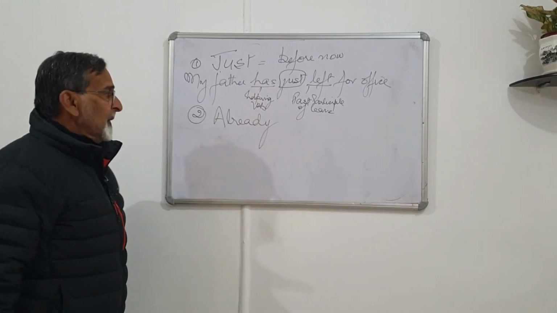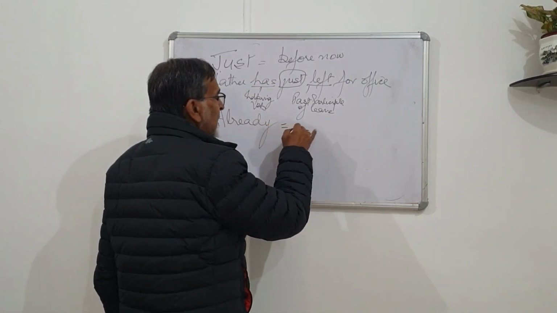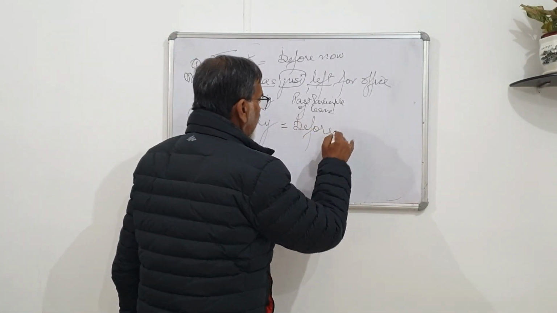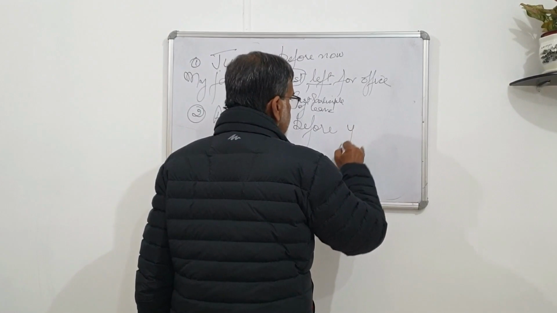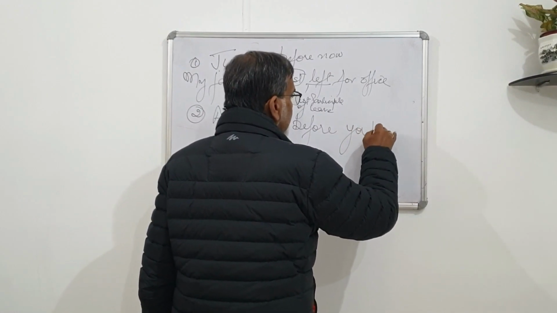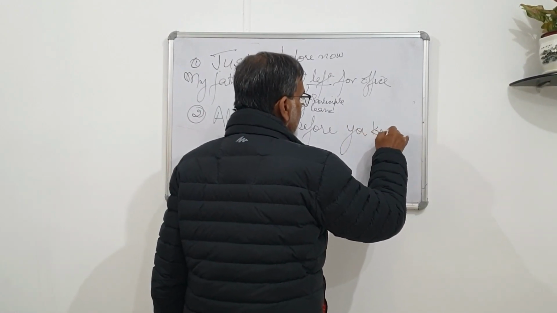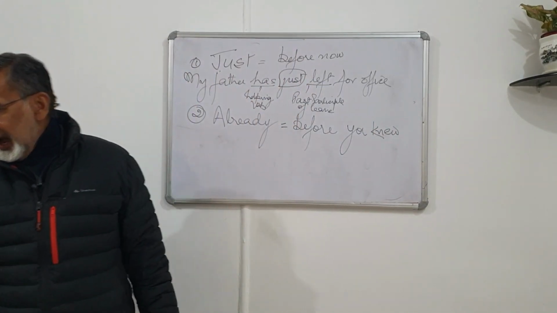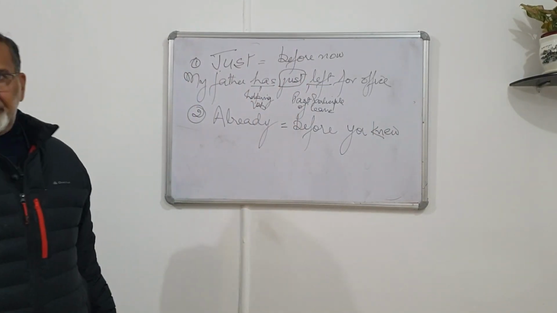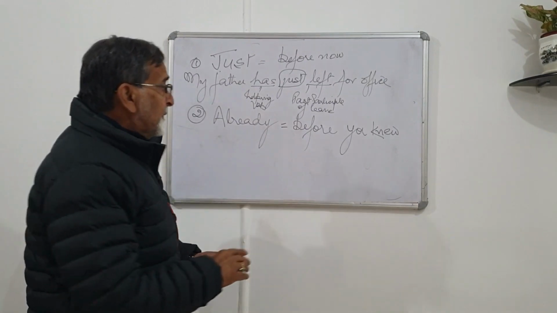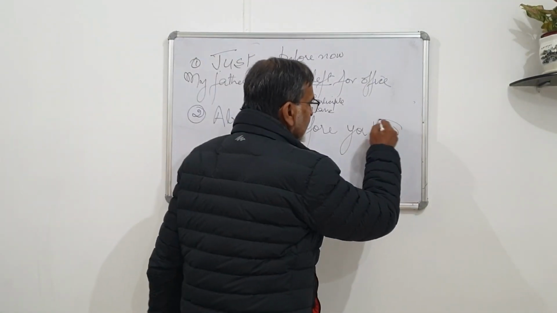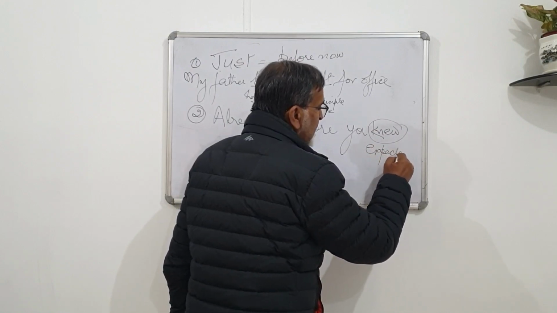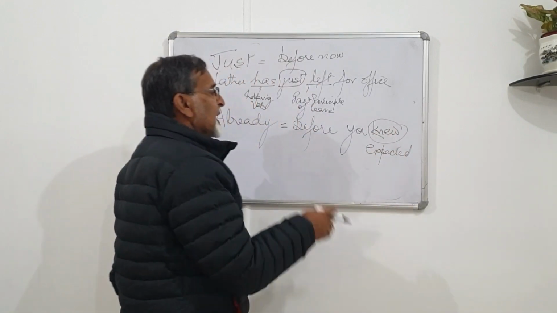Already. Now, this means before you knew. Before you knew यानी कि आपके जानने से पहले. Before you knew इसके साथ और कर देते हैं before you expected. तो दोनों बातें यहां आ जाती हैं. Expected भी आ जाता है.